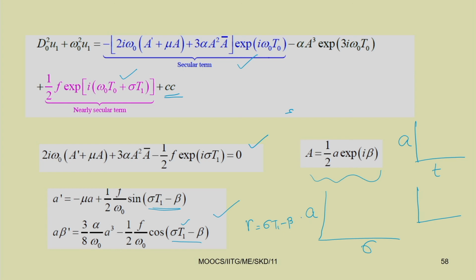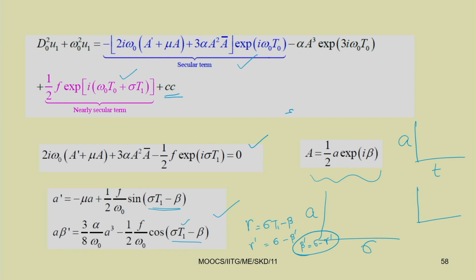So, gamma equals this. Gamma dash, that is d gamma by d t 1, will be equal to sigma minus beta dash, where d beta by d t 1 equals beta dash. So, gamma dash equals sigma minus beta dash, or beta dash can be written as sigma minus gamma dash. By substituting this sigma minus beta dash, we can write the second expression.